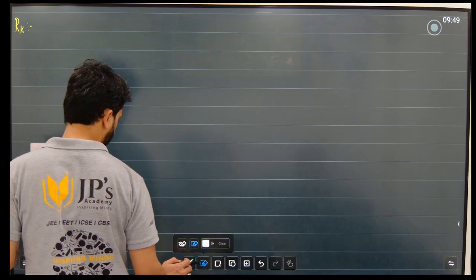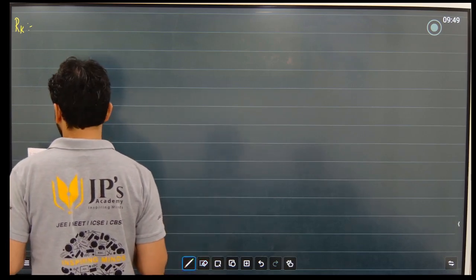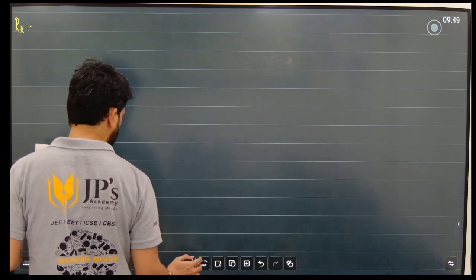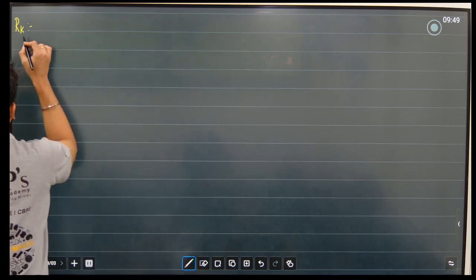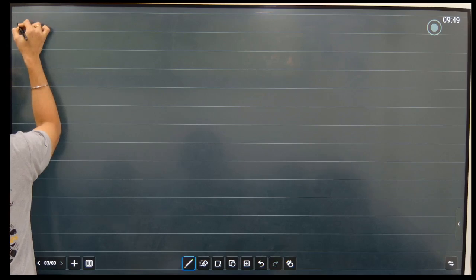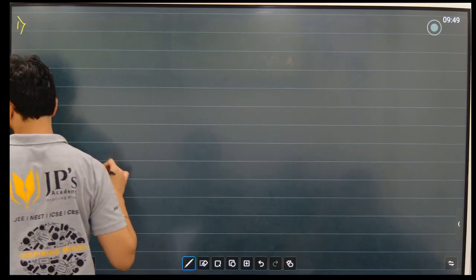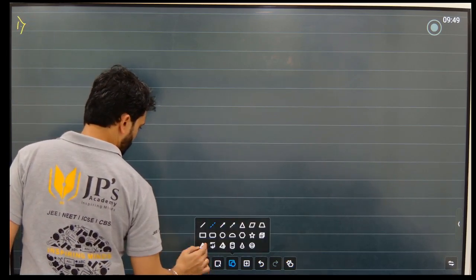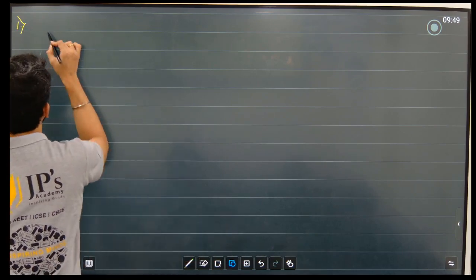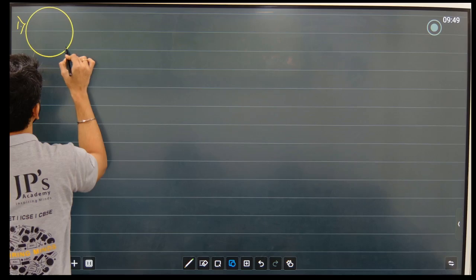Next topic: position of circles and number of common tangents.